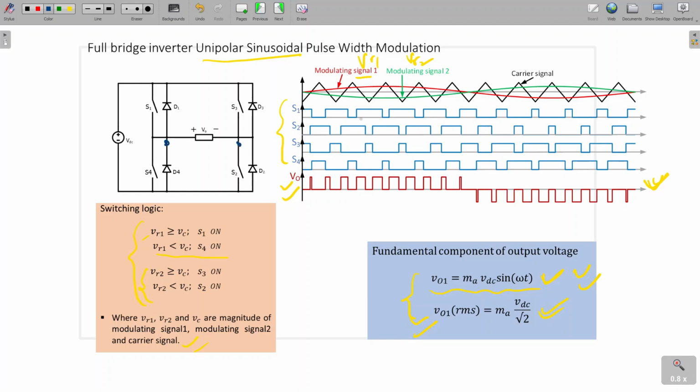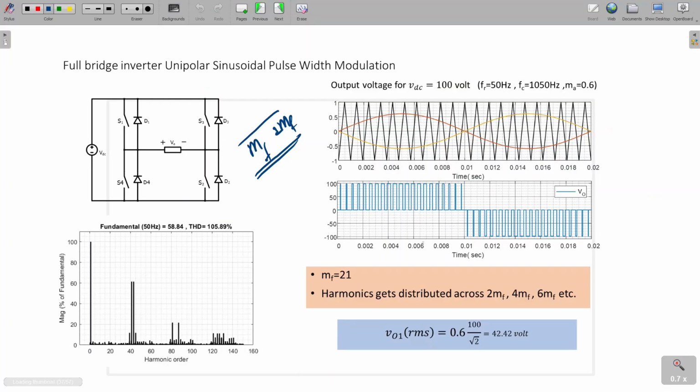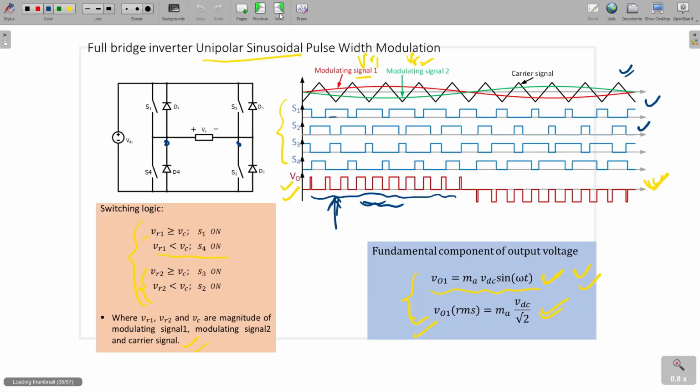That's why the output voltage frequency is twice the carrier frequency. See here, very big signals are there, but here we are getting very small pulses. See here also, the frequency of this triangular wave, one second.